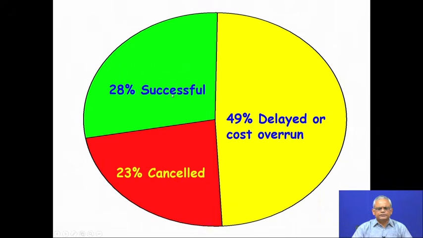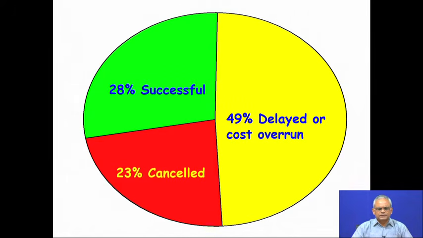The statistics from industry show that almost half of the projects are delayed and suffer from cost overrun. Nearly a quarter of the projects get cancelled and do not see the light, just abandoned, and only about a quarter of the projects are successful.